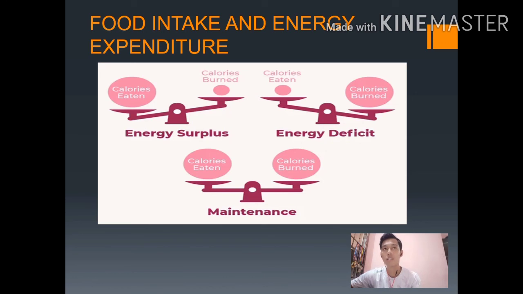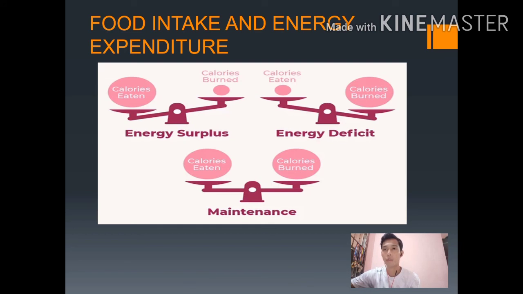So the energy is not the same, because people do not have the same amount of energy, because it depends on sex. Both men and women do not have the same energy amount. So sex, age, body composition, and also their physical activity level.